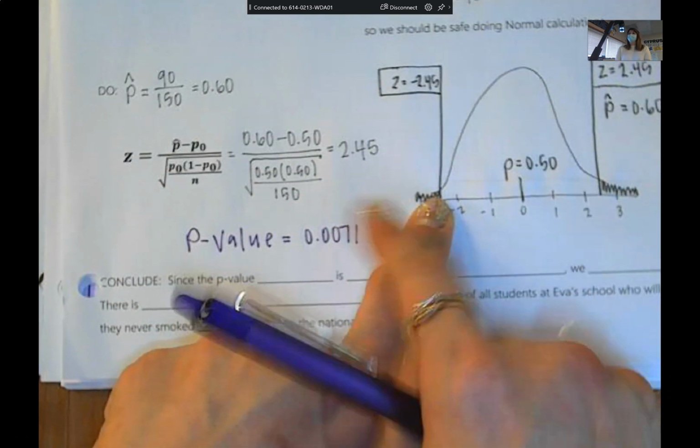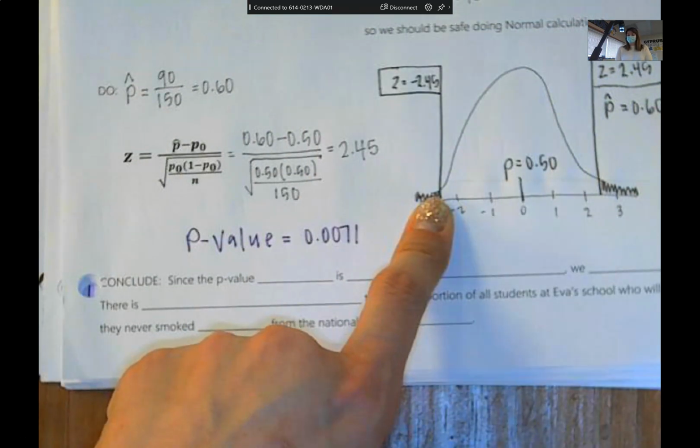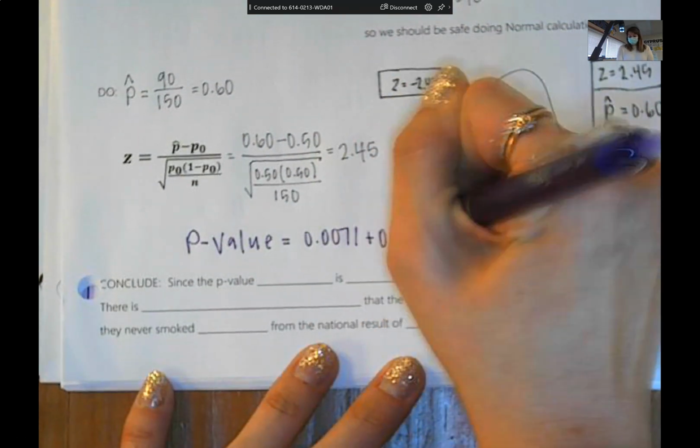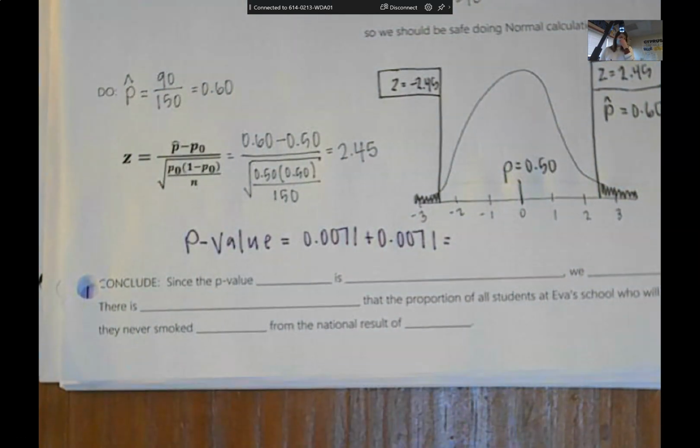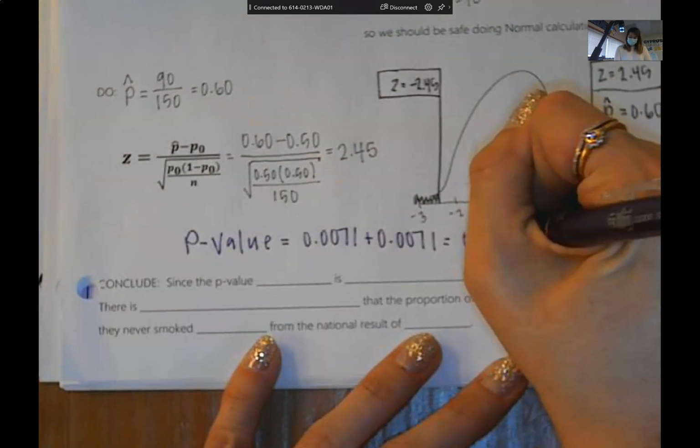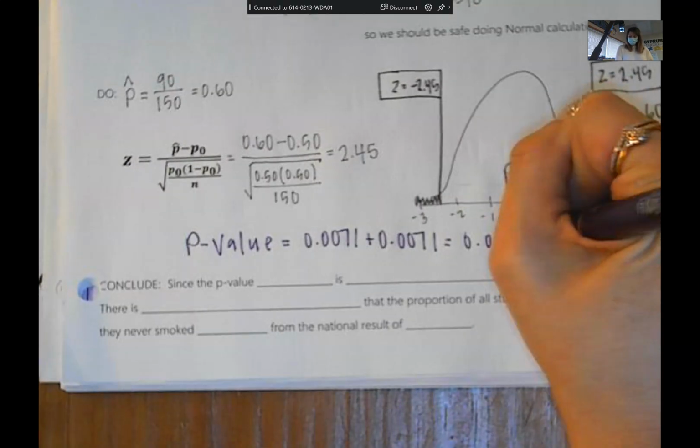It's exactly the same on the left as it is on the right. So plus 0.0071. This gives us a p-value of 0.0142.